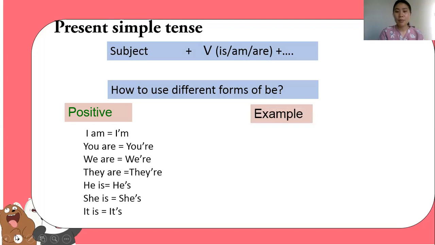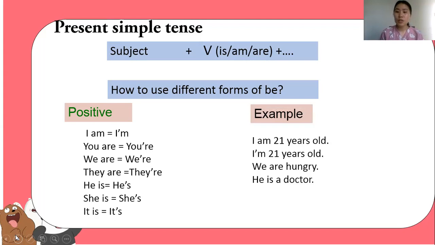Look at the example here. I am 21 years old. Remember the short forms: I am becomes I'm, you are becomes you're, we are becomes we're, they are becomes they're. Okay? Example: I am 21 years old.